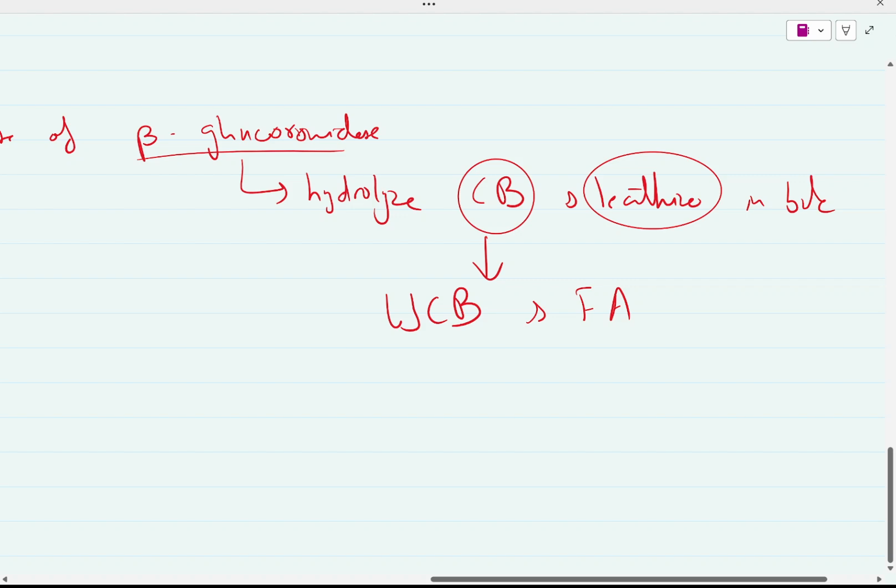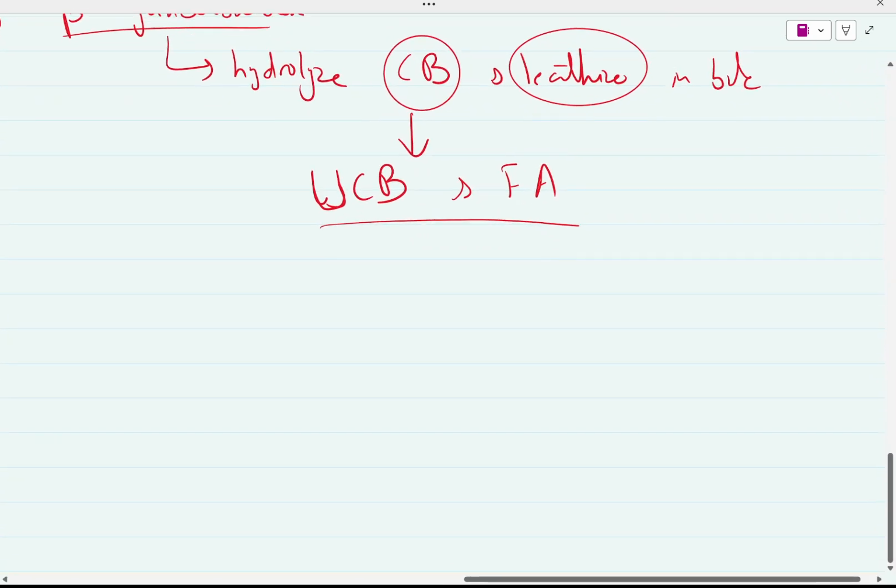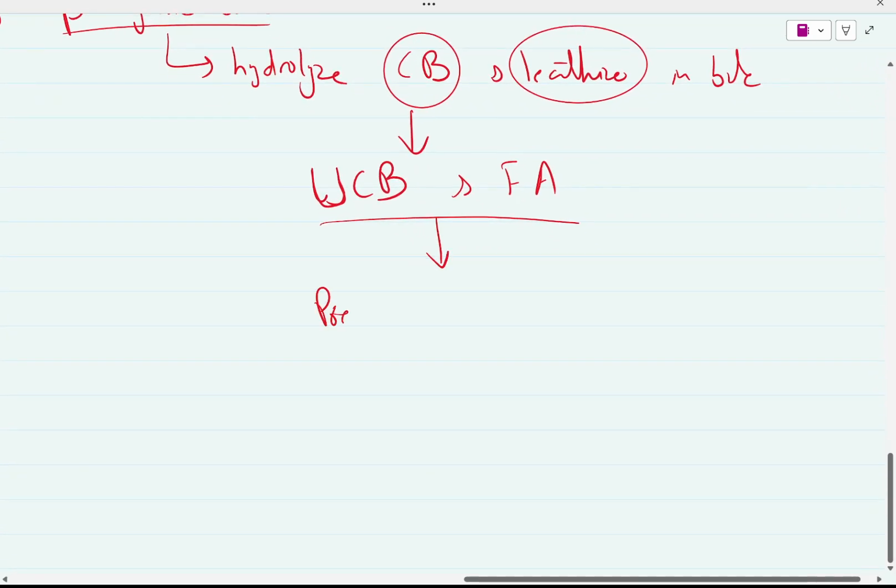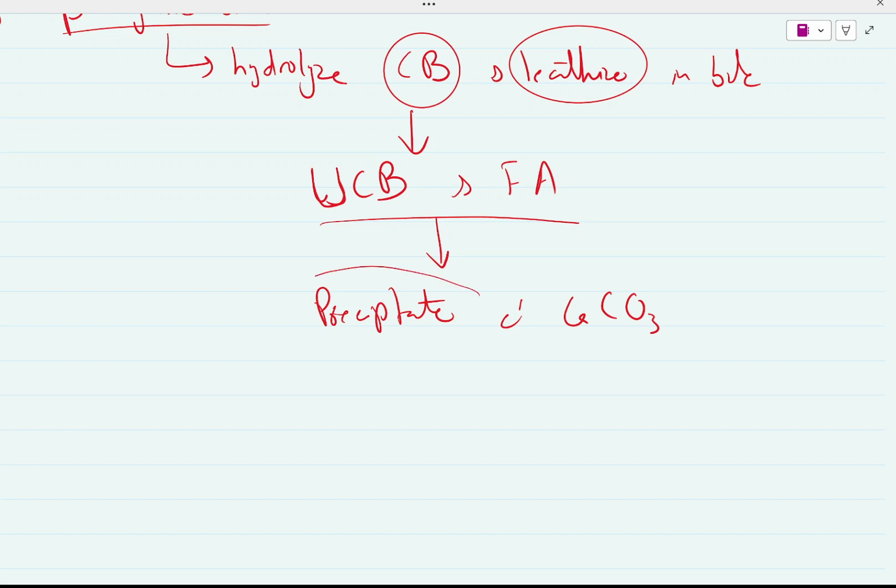As a stabilizer is also hydrolyzed, and conjugated bilirubin, when it is hydrolyzed, it can be either uptaken or unconjugated. So we discussed two pathways. So what will happen when there is unconjugated bilirubin and fatty acids? These will precipitate with calcium carbonate.